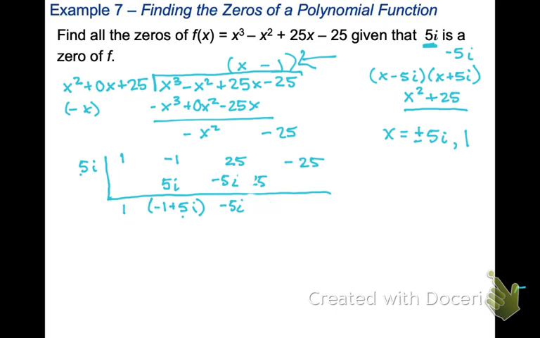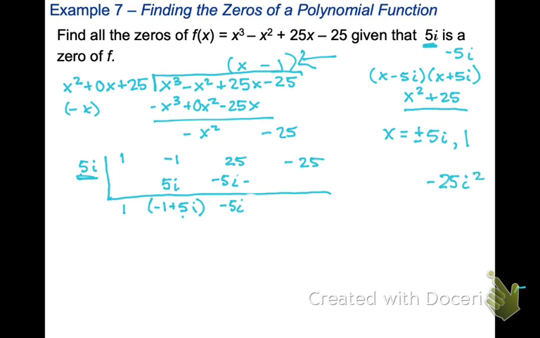Okay, let me say what she said. This is positive 5i, yes? So positive 5i times negative 5i would be negative 25i squared, and i squared is negative 1, so it would just be plus 25.